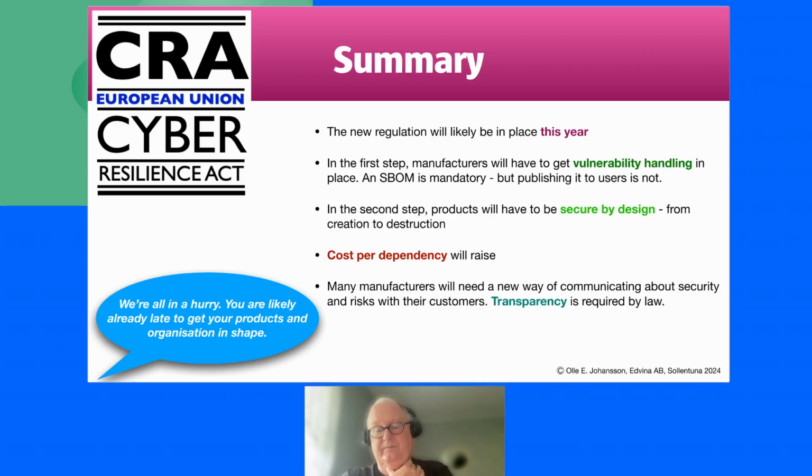The new regulation will likely be in place all over the EU at the same time this year. It's an act, so it doesn't have to be translated and implemented in each country's local laws. It applies to the whole union at the same time.